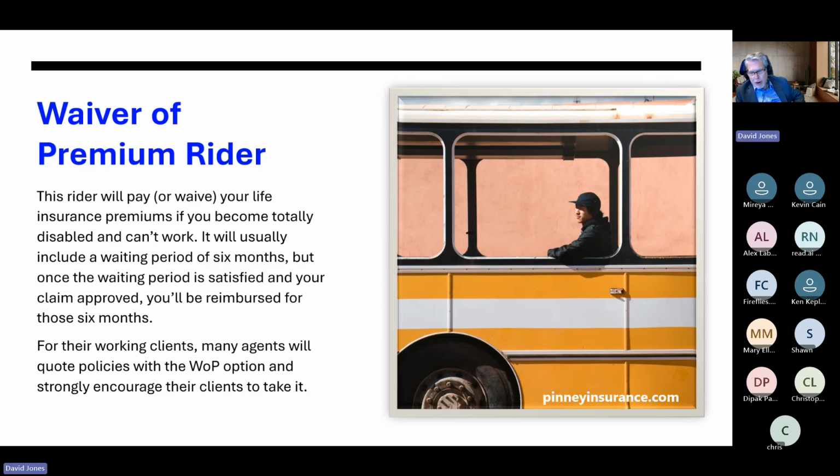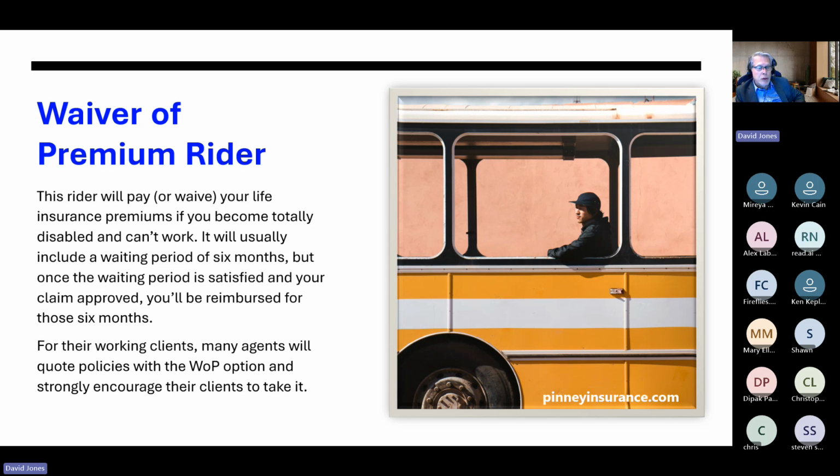Waiver of premium rider. This one's really important, and I've got agents that always include this with any of their working age clients. Anybody that is working, they put this on there and present it right away so they can consider it. This rider will waive your life insurance premiums if you become totally disabled and can't work.